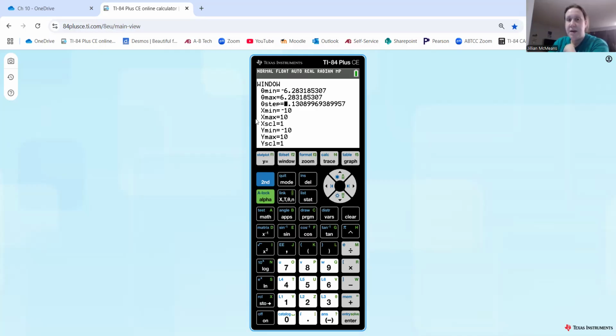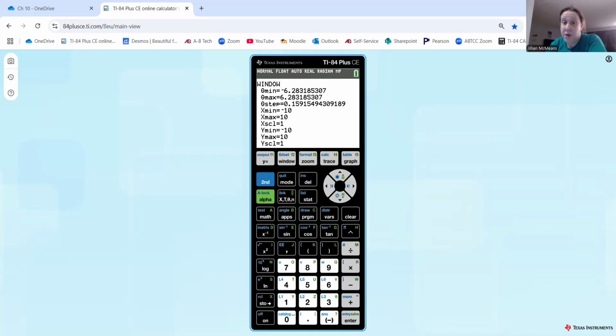And then I'm going to set my theta step as 1 over 2 pi. You don't have to do that. You just want some kind of fairly small value. This is just one place to start. So we're going to do 1 divided by, and I'm going to put my denominator in parentheses, 2 pi. And then when you hit enter, it's going to automatically translate it to a decimal.